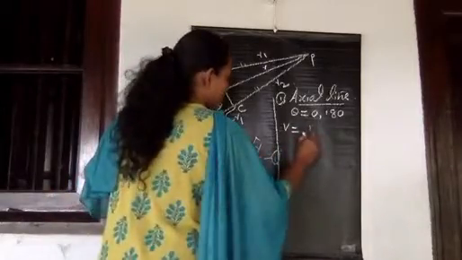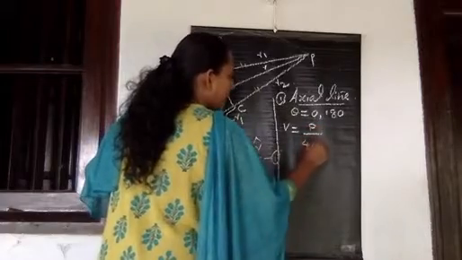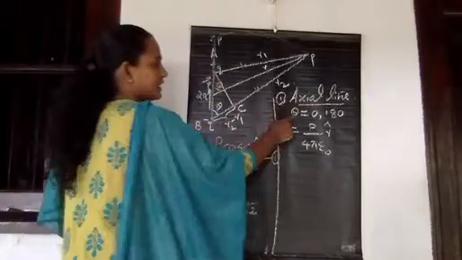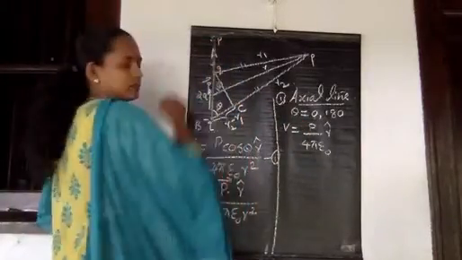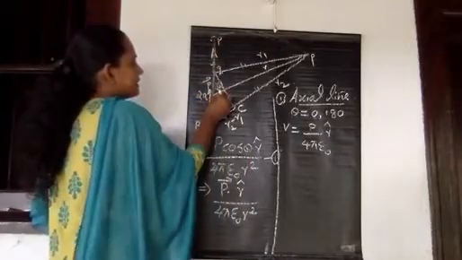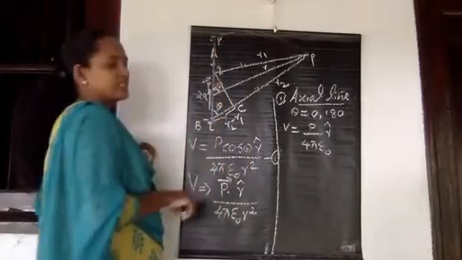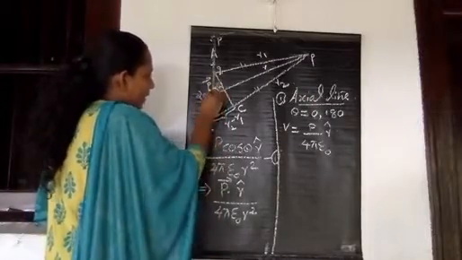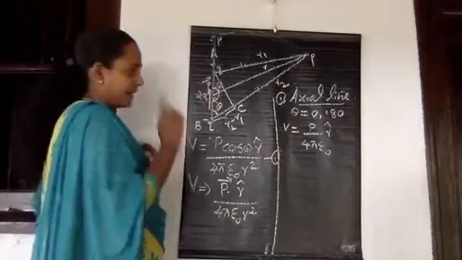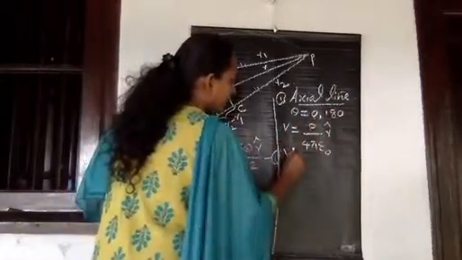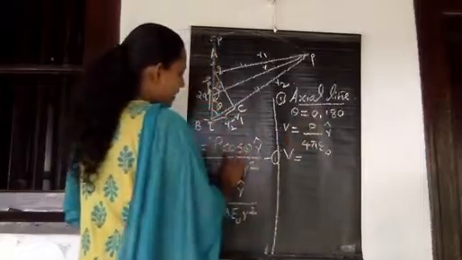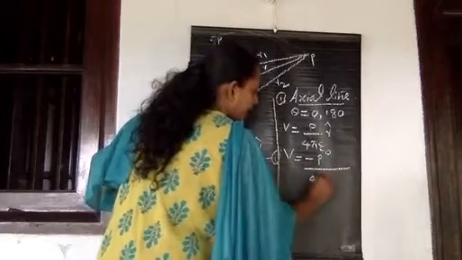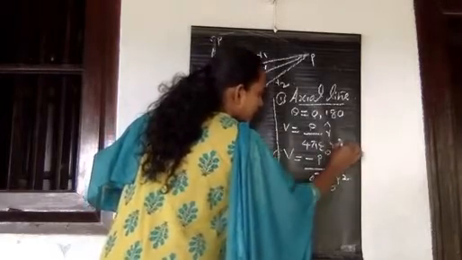Therefore it becomes P by 4 pi epsilon 0 r square. Or if the point P is here somewhere, this angle theta becomes 180. In that situation, what will be the value of V? Cos 180 is minus 1. Therefore it becomes minus P by 4 pi epsilon 0 r square.